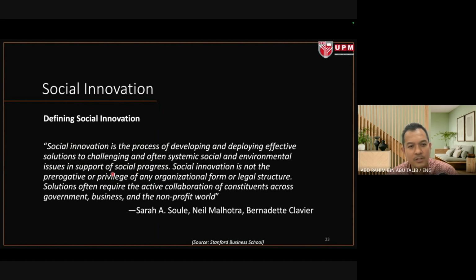And social innovation is not the prerogative or privilege of any organization. It's not the privilege of the government. It's not the privilege of a company. It's actually the responsibility of the society and the people at large. Okay, solution often require active collaboration of all constituents across government, business, and the non-profit world.